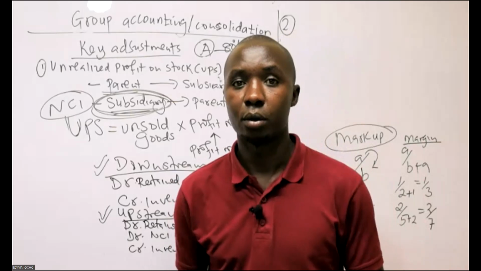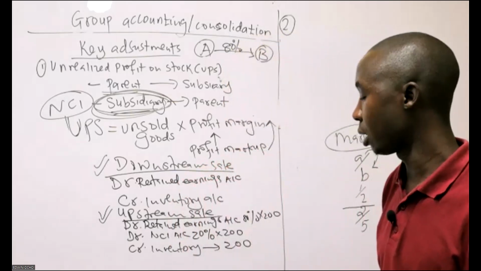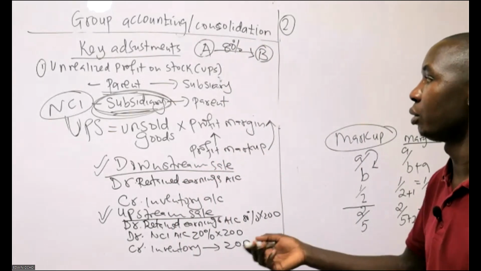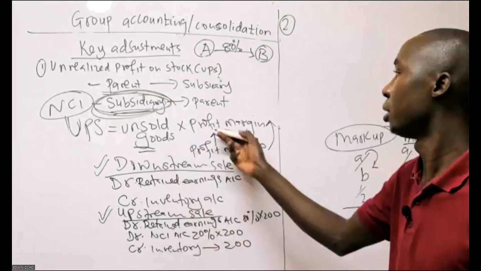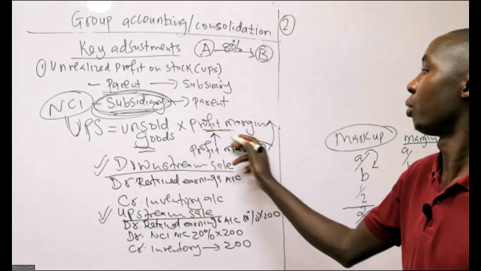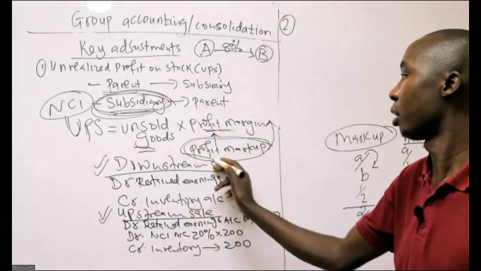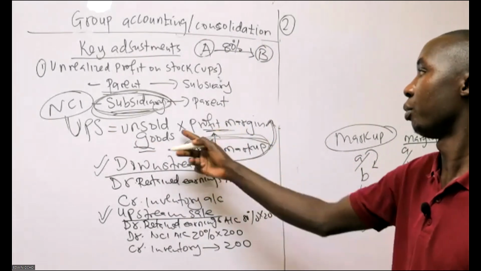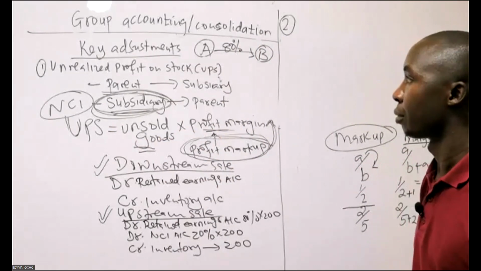It's unsold goods times margin. If you are given margin, it will be easier. You take the unsold goods times the margin. Okay. So what if you are given markup, because now they can complicate things? Then you change it to margin. But if you are given margins, you multiply with the unsold goods.